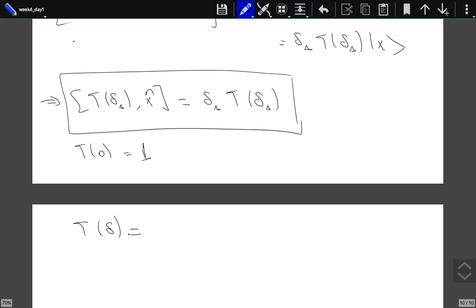The Taylor expansion will have T of 0 plus delta times the derivative of T of delta with respect to delta, evaluated at delta equal to 0, plus maybe some other terms. For simplicity, I will just consider very small delta so I can neglect the higher order terms.